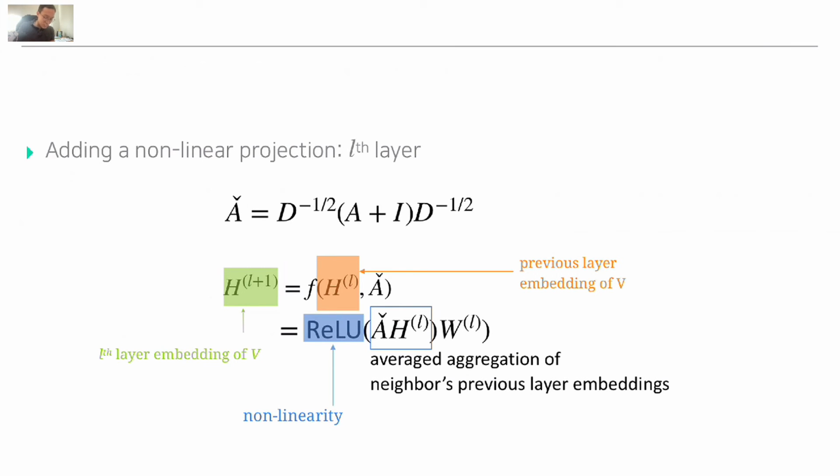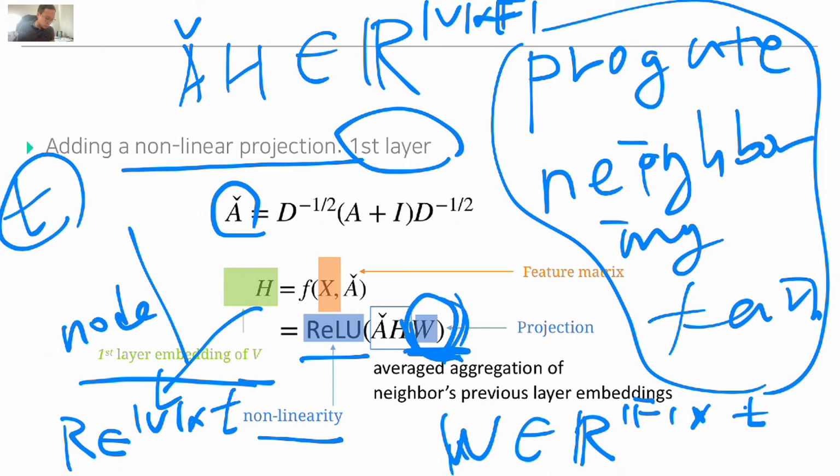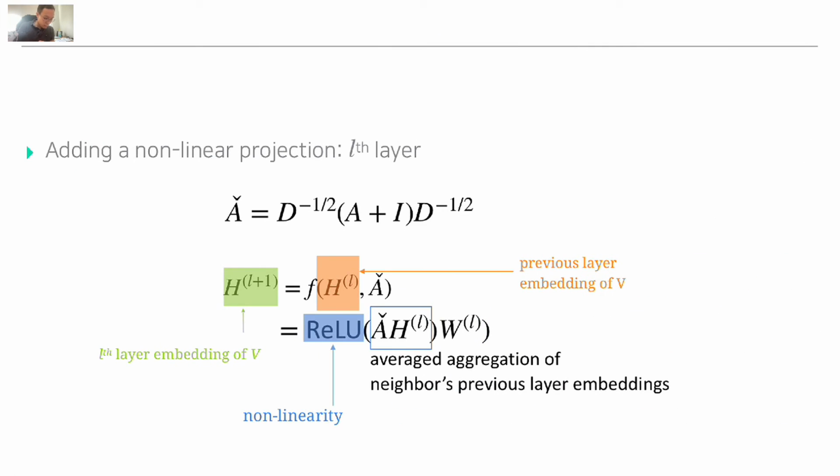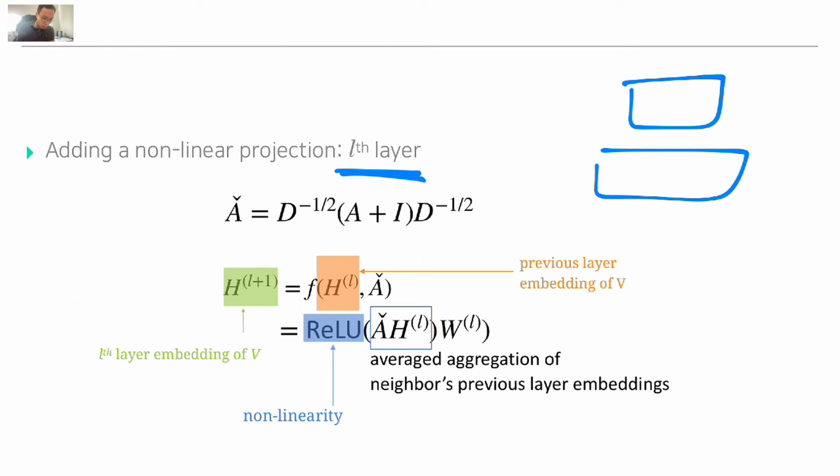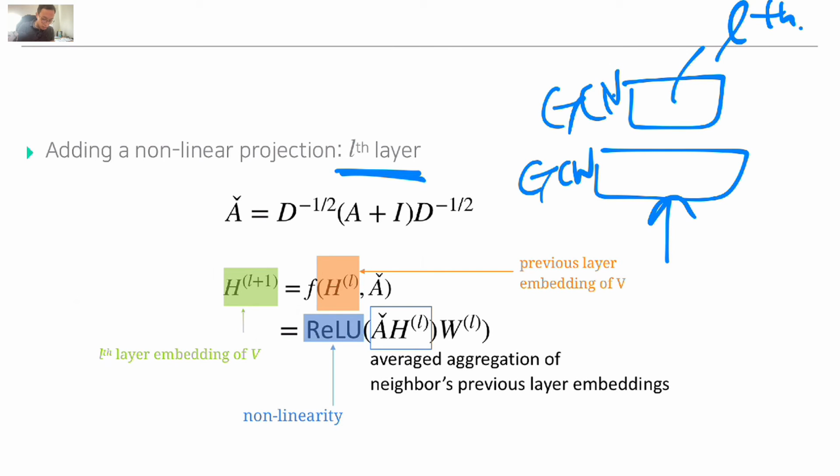So we can generalize the GCN layer using the notation L. We stack from the input. This is the first GCN, then another GCN. Let's say this is the Lth layer. We represent the embedding of the Lth GCN layer as a function f.